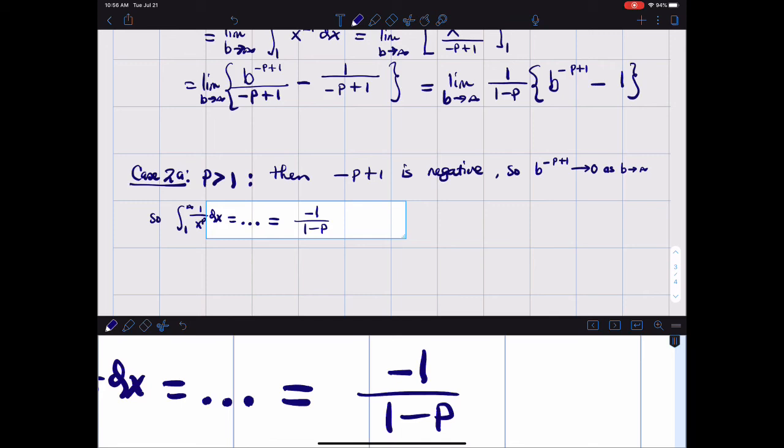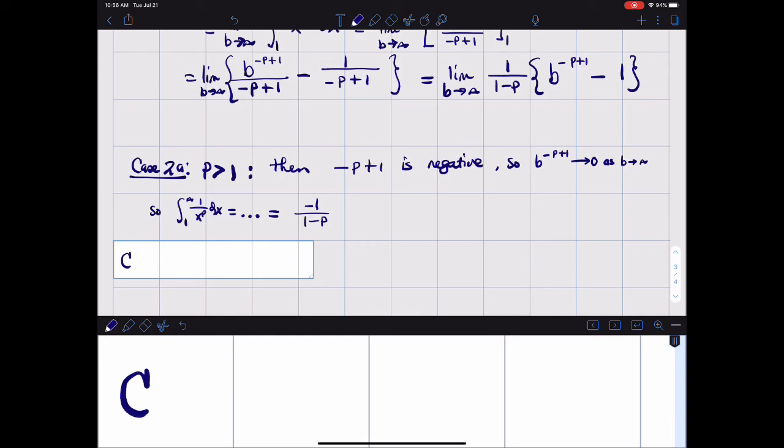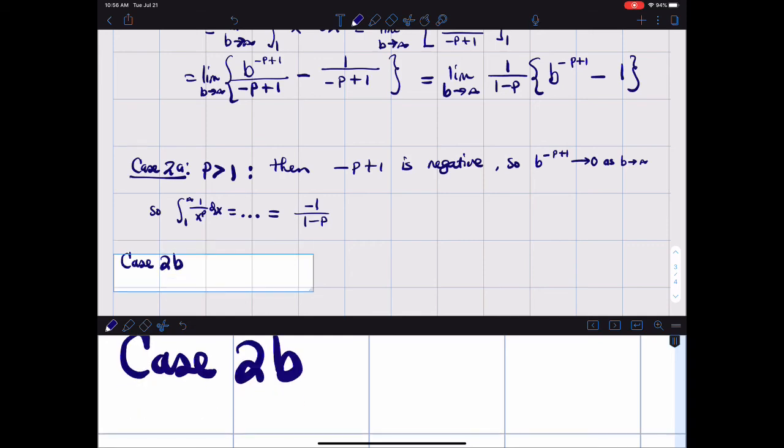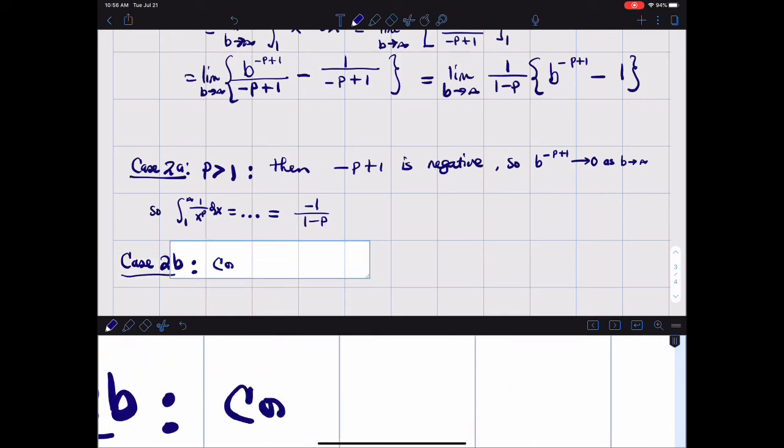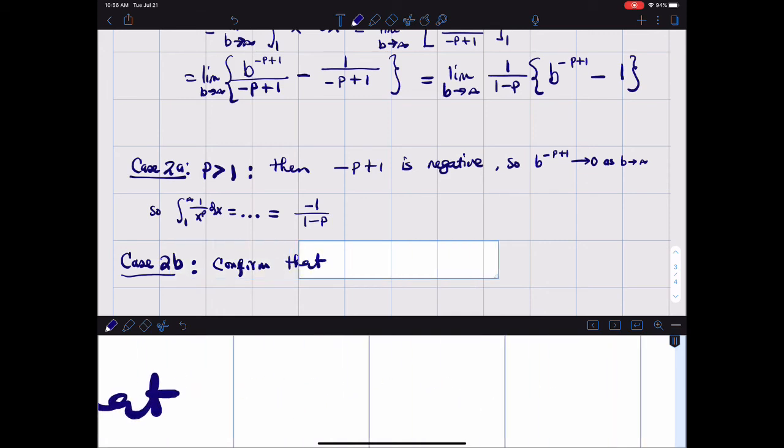All right, now case 2b. I want you to check for yourself, confirm that the integral from 1 to infinity of 1 over x to the p dx diverges.